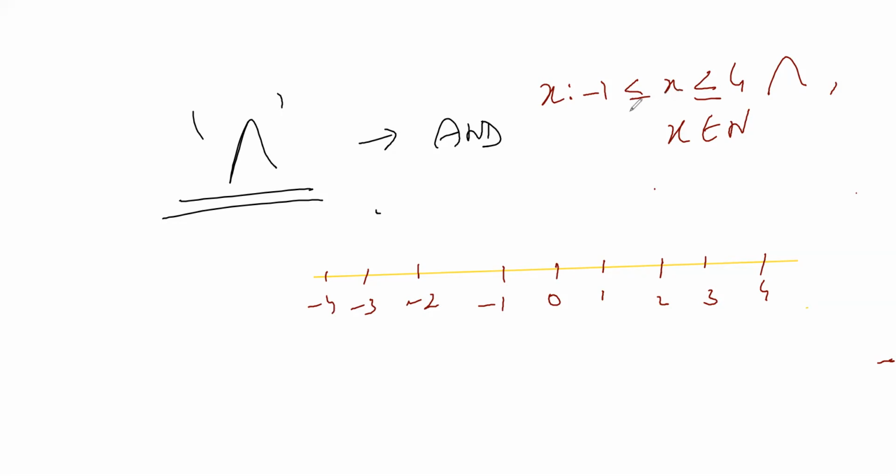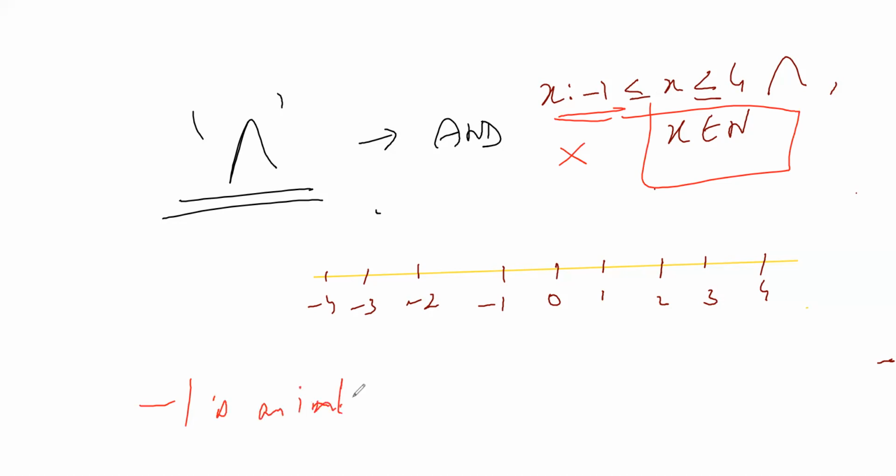X belongs to natural number, which means we should not take this minus 1 into account at all. Is minus 1 a natural number? No, minus 1 is not natural, it's an integer. So we have to only start from what? The natural number. Natural number starts with 1, 2, 3, 4.